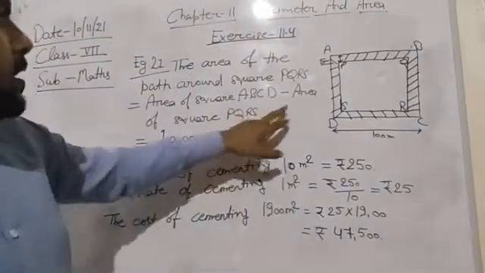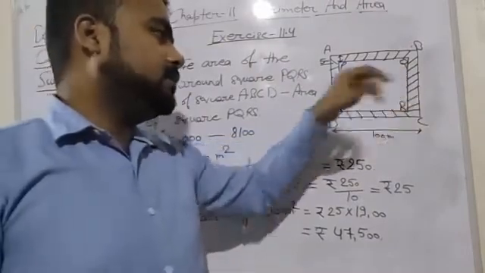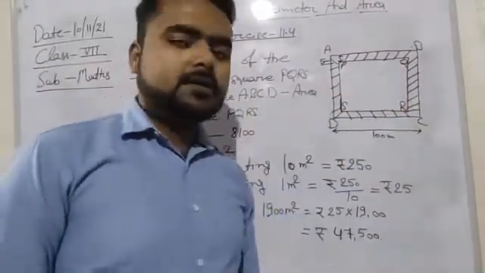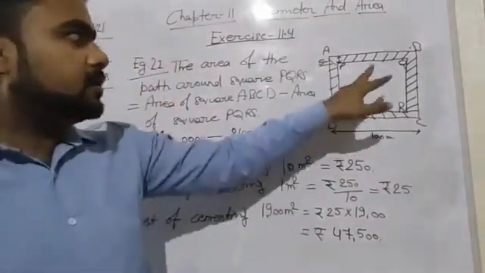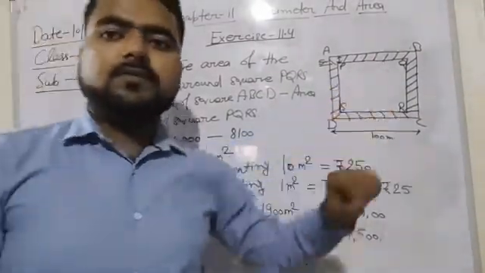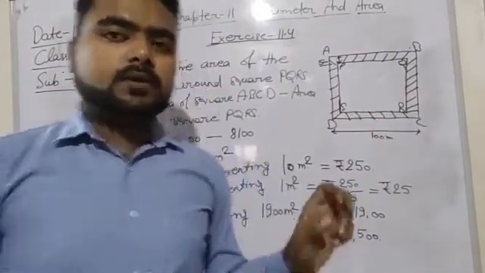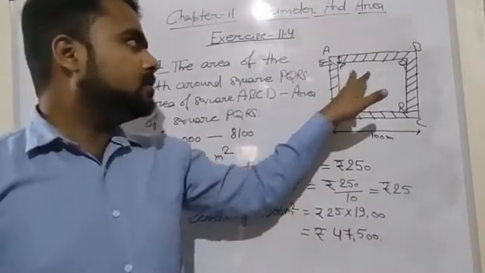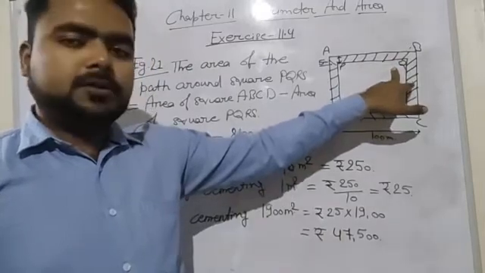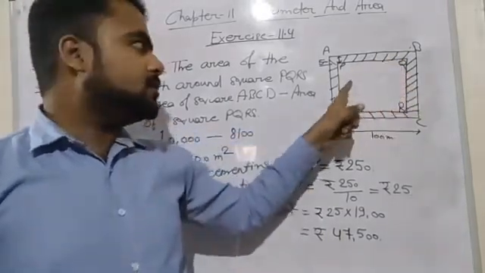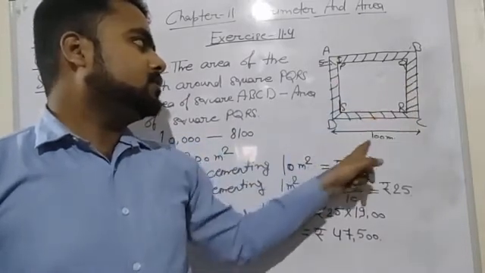Okay, and after that, we have to find the area of square PQRS. For that, we have to find the length of the side of this square PQRS. So when we find the side of square PQRS, we subtract 5 meter from this side and 5 meter from this side from the 100 meter.